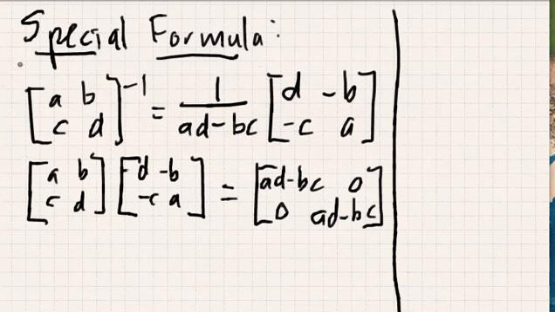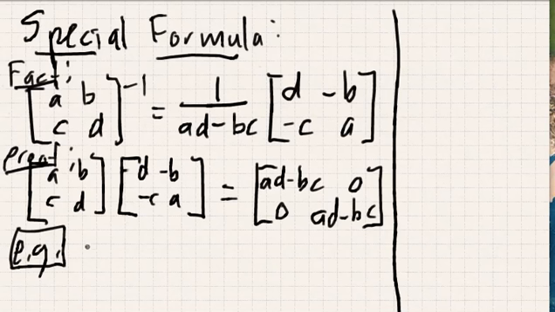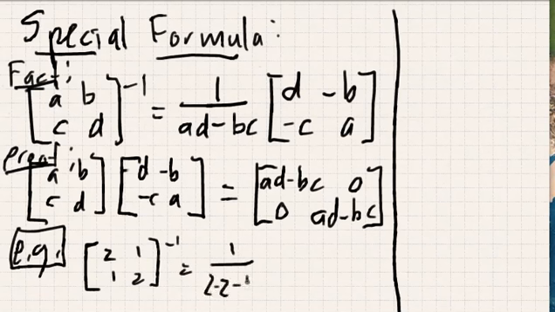So this is a nice formula. This is the fact, and this is more or less the proof of the fact. So for example, if I wanted to take the inverse of the matrix 2, 1, 1, 2, it would be 1 over 2 times 2 minus 1 times 1 times the matrix.